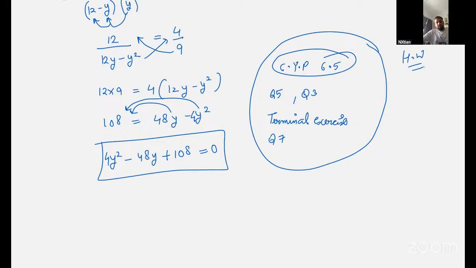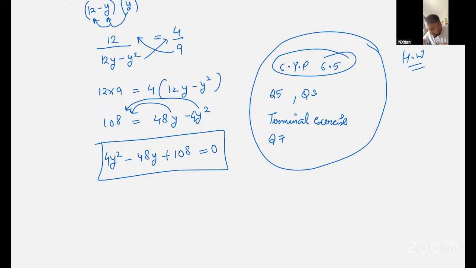So will the answer for this question be 48 minus root 2576 by 8? It's a book question. You can check from the book. It won't be too much. You solve this, and the root which you got, you have to solve that part also.